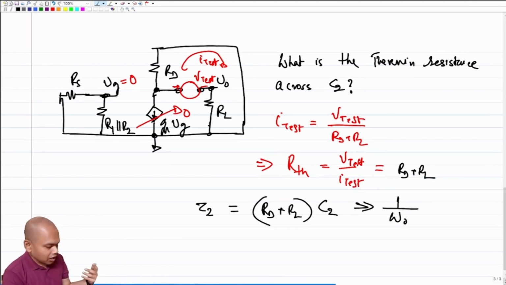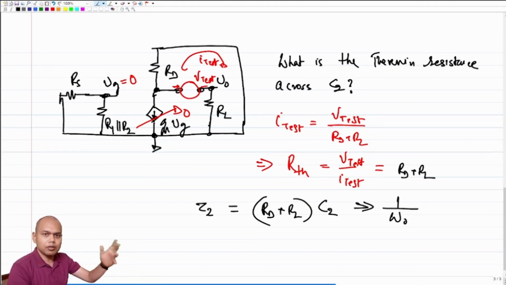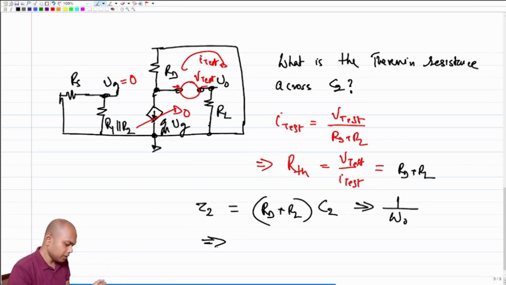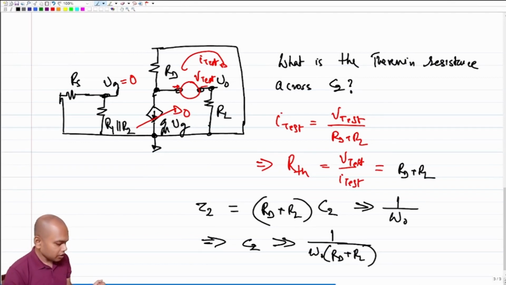Or in other words, you would want a signal at a frequency omega naught to pass through the capacitor without seeing any voltage drop, or in other words, you would like the capacitor to act as a short circuit at the frequency of interest, right? So which essentially means that you get the constraint C2 should be much greater than 1 over omega naught times (Rd plus RL), right?